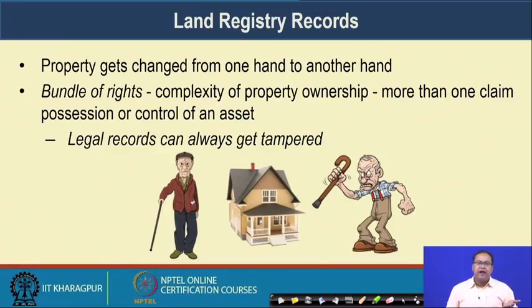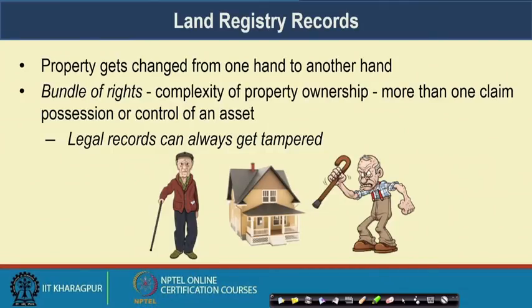You can sell your house, or today you are giving your house for rent to one person, tomorrow you can give it to another person. That way these rights change over time, and the government maintains this entire land registry record to make a log of these rights, to validate that no unauthorized claims are made on a particular asset.